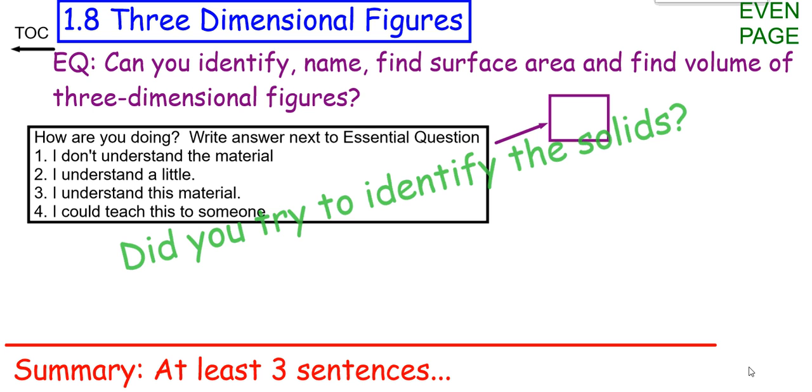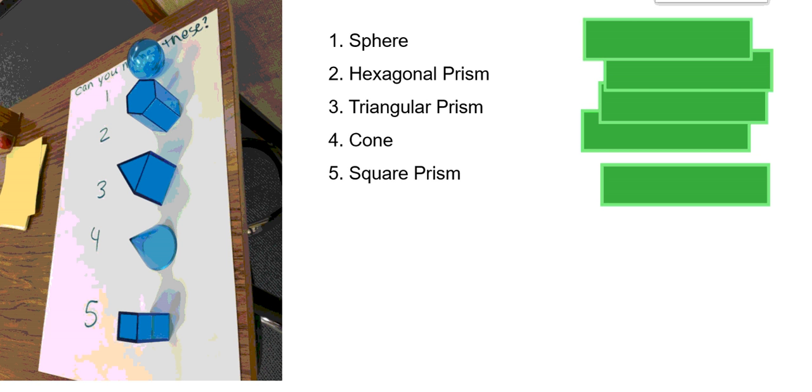Hopefully yesterday you wrote your level of understanding and you did that little identifying solids activity. And then we went over those solids. Just as a little reminder, number 1 was a sphere, number 2 was a hexagonal prism, 3, triangular prism, 4, cone, and then square prism.